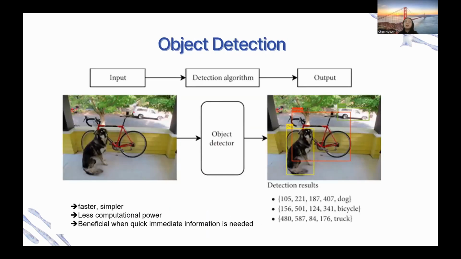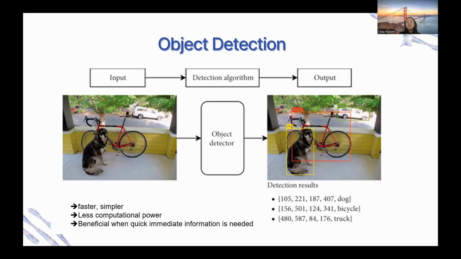And so this leads to the idea of object detection. Object detection combines the two goals of segmentation and localization. So we want to be able to predict which objects are present, so we have an object of dog and an object of bicycle, for instance. And then we want to know where they are located.